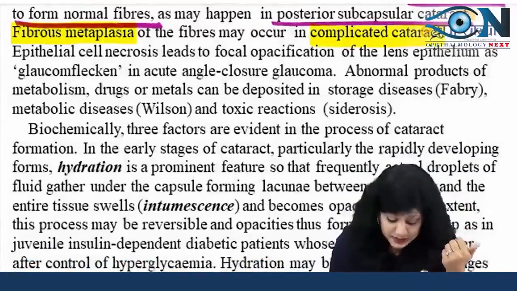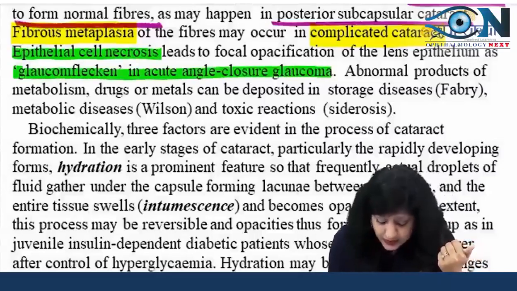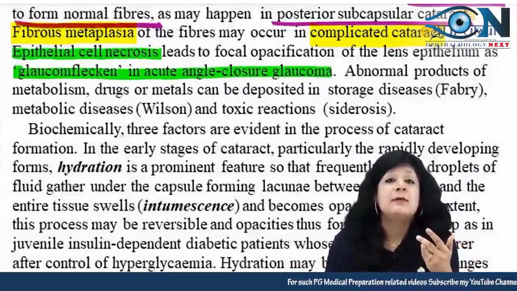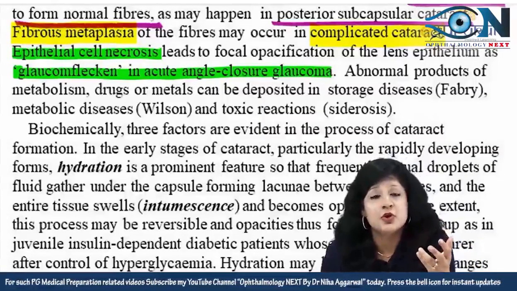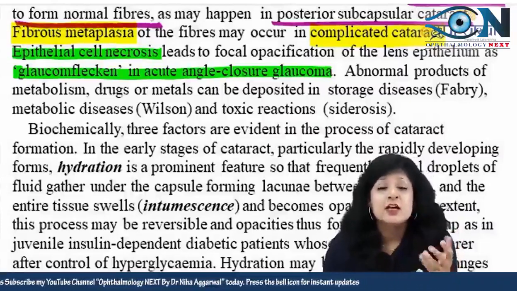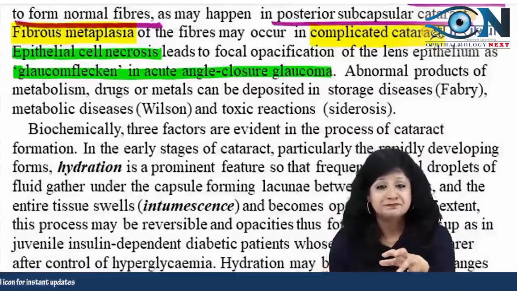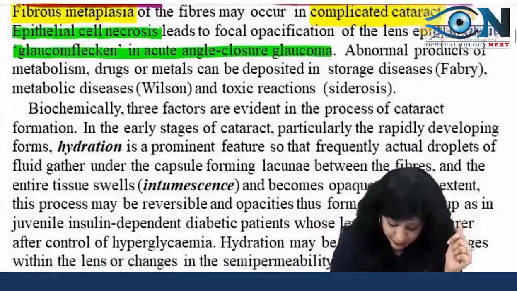Then in some cases we have epithelial cell necrosis, which leads to the glaukomflecken in acute angle closure glaucoma. If you remember the Walk's triad that we read in the acute congestive phase of angle closure glaucoma, we have the glaukomflecken, which are anterior subcapsular cataracts. So they are actually due to epithelial cell necrosis.